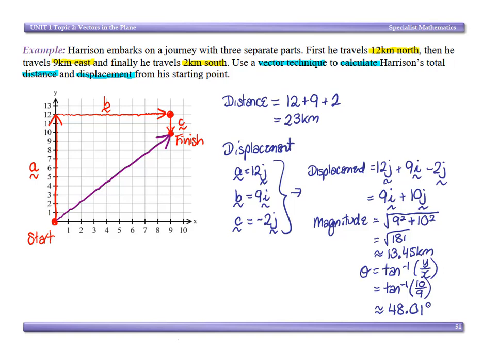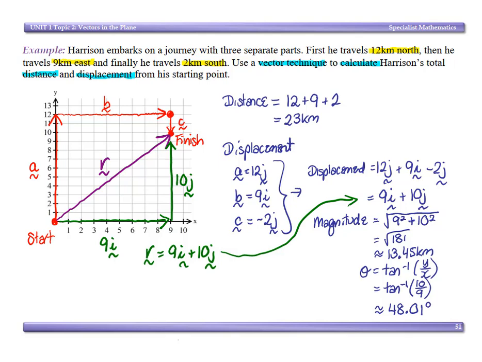Now, can I check this? We're looking at the diagram. This is my resultant. I can also get it with vector 9i and 10j. So R equals 9i plus 10j, which we'll see matches my displacement.